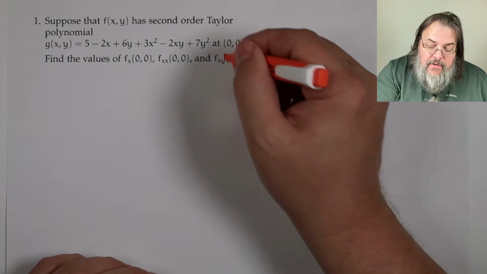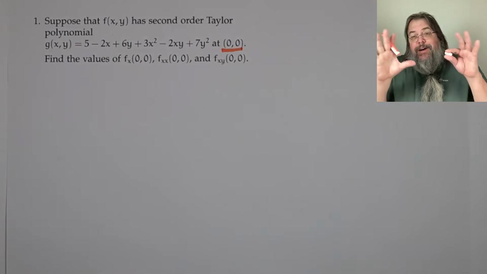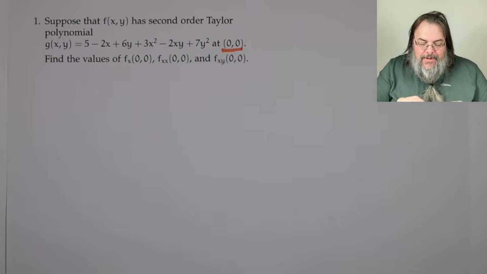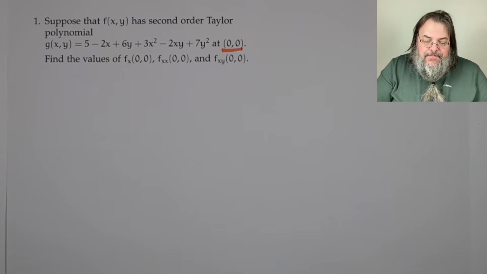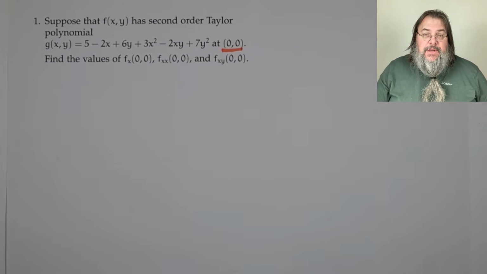All right, now some good news. We're at 0, 0, so they didn't do any weird expansion that we might have to worry about. Now there's two ways we could approach this problem, but at the heart of this problem, it's the same philosophy.